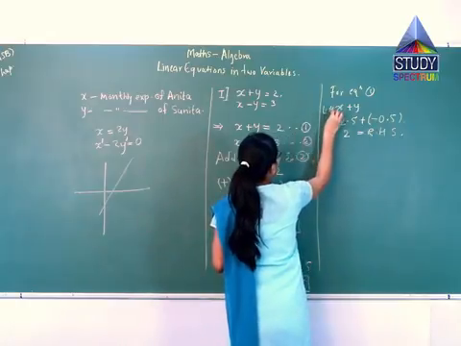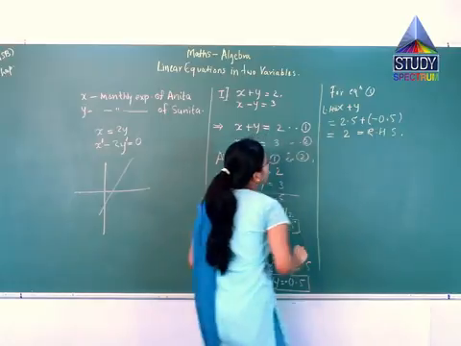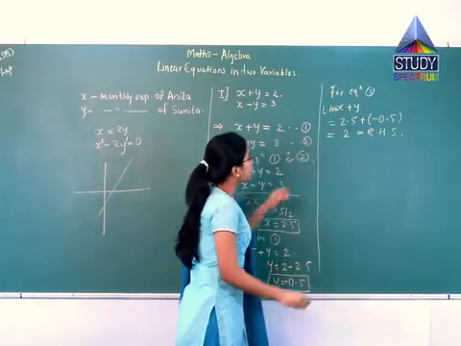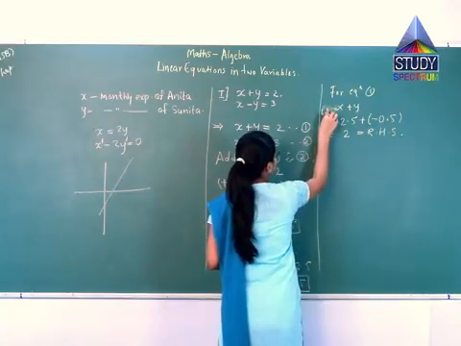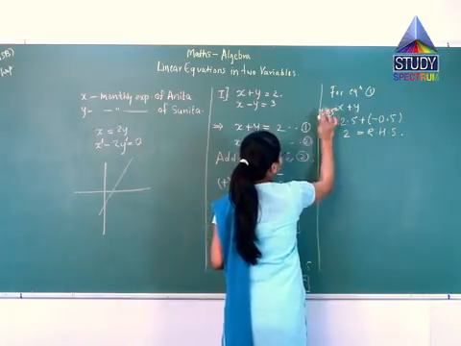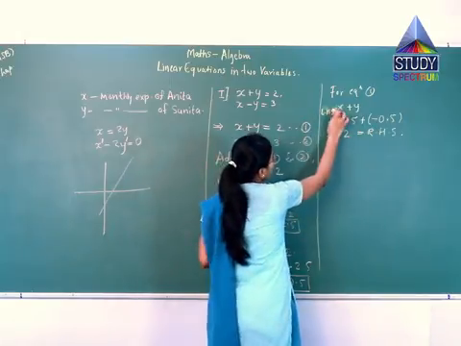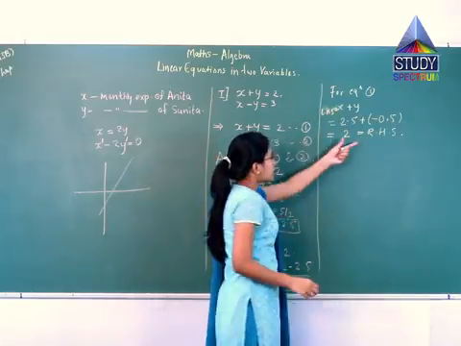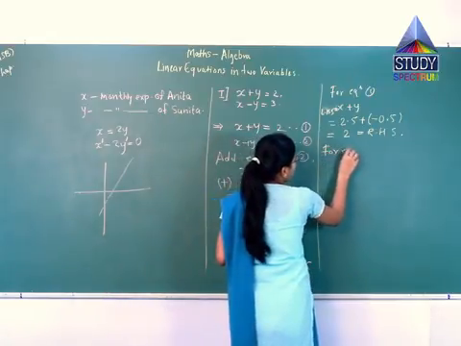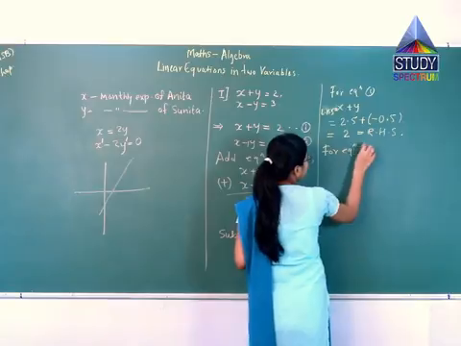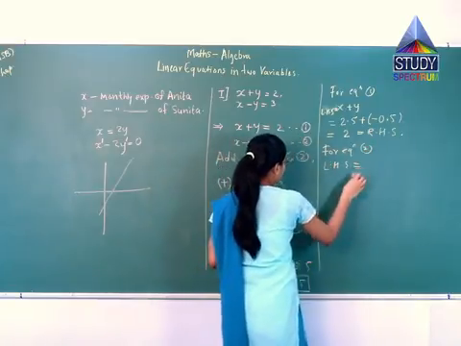So you can see you get the two sides equal. Left hand side is equal to right hand side. Similarly you can prove it for equation number 2. Let us take the left hand side of equation number 2.